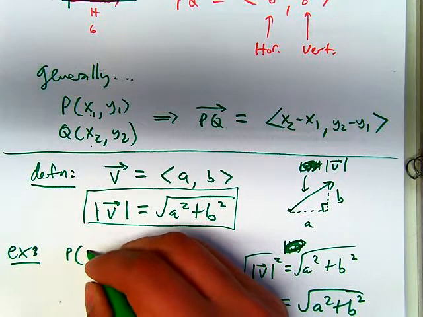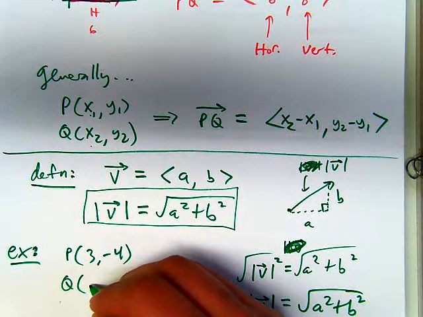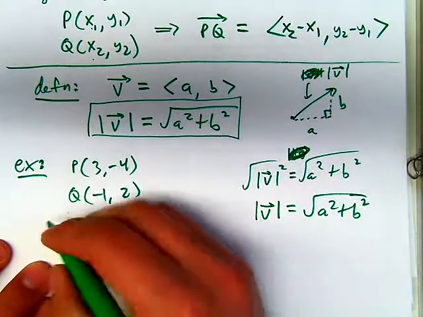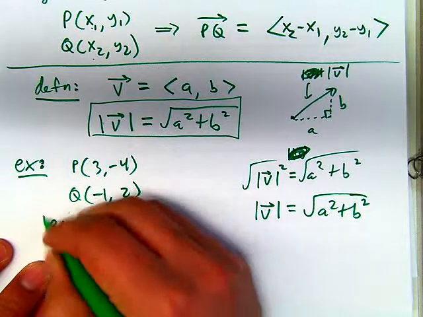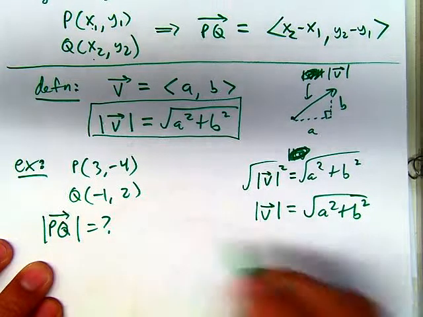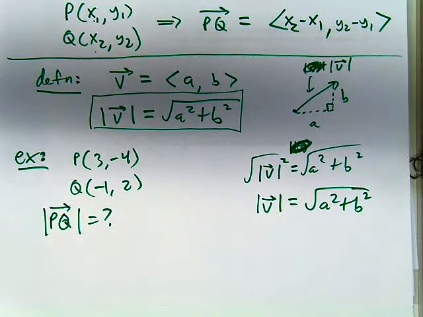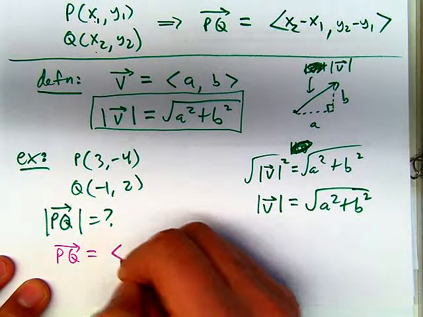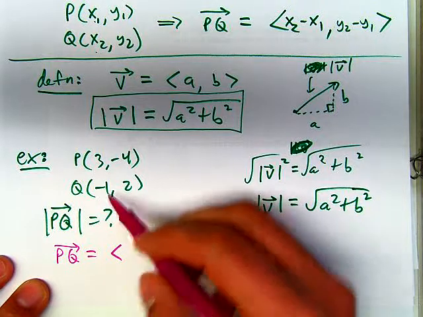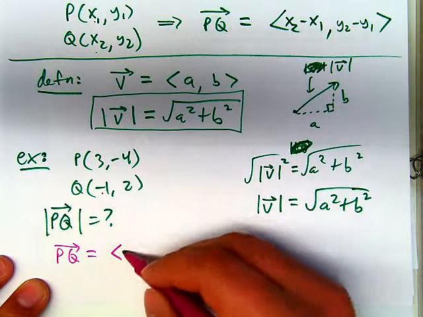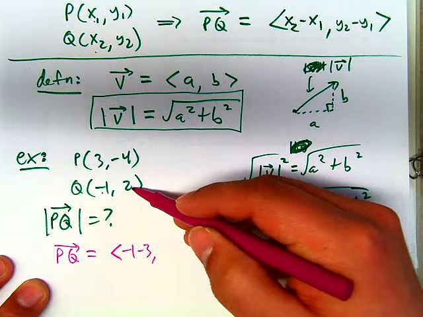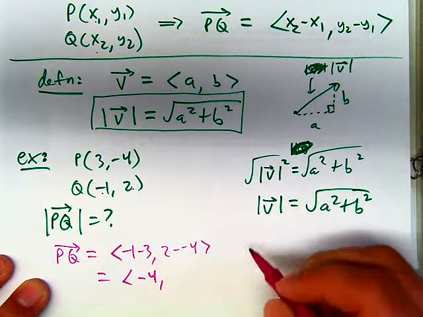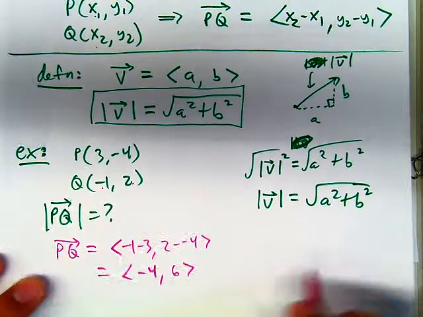Okay? So here's a quick example. Let's say P is at (3, -4) and Q is at (-1, 2). And the question is, find the magnitude of PQ. Well, one way to do it would be to say that PQ has a horizontal component of -1 minus 3 and a vertical component of 2 minus -4. So we get -4 for the horizontal and 6 for the vertical.